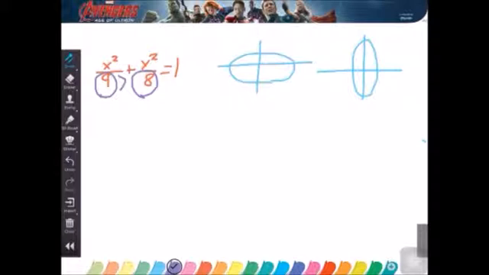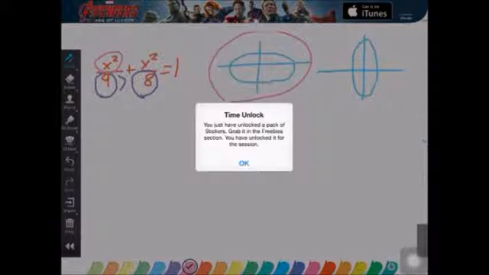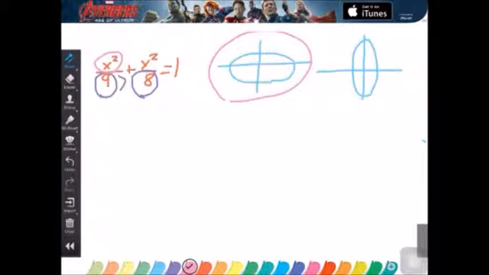Because the x value is in the numerator, we know that the ellipse is going to be a horizontal ellipse. If the 9 were underneath the y value, we would know it's a vertical ellipse.